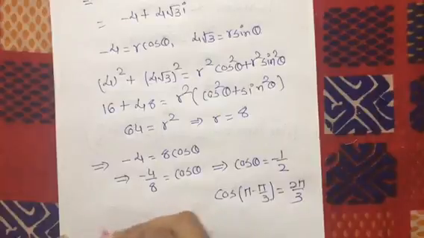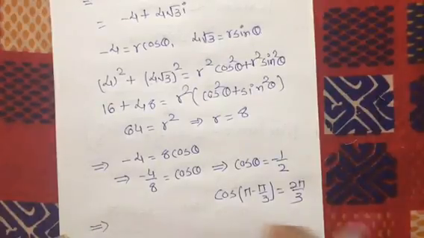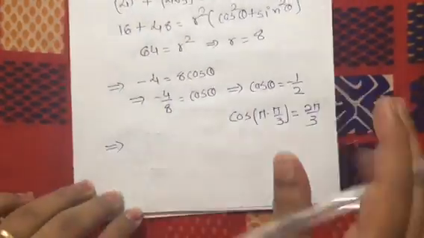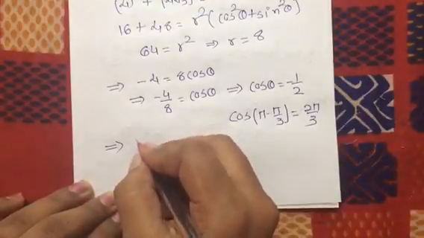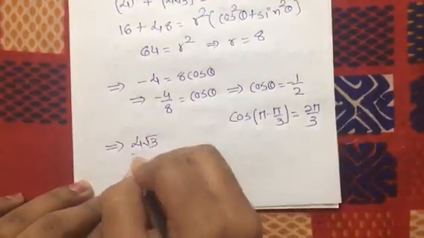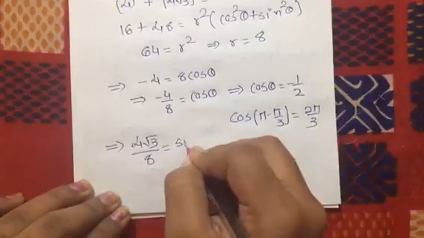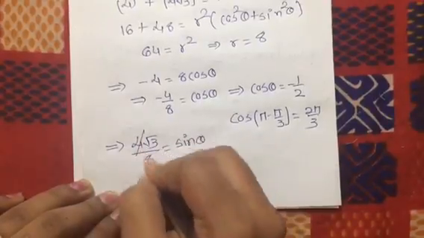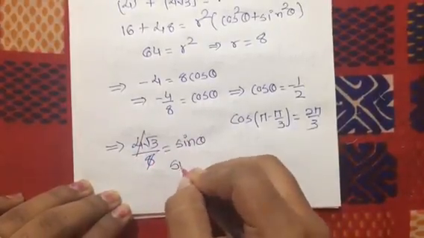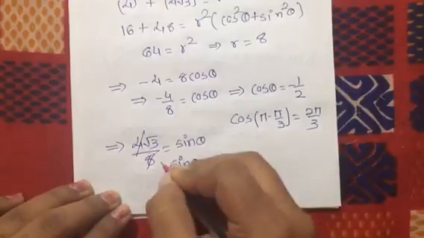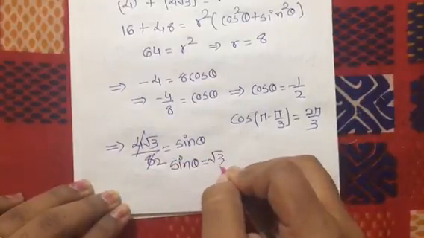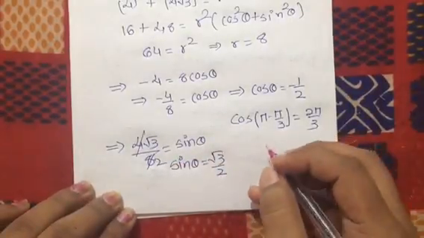ठीक है. And similarly for sin theta we are having 4√3 divided by 8 is equal to sin theta. So this will be √3/2. So sin theta is equal to √3/2. So √3/2 भी 2 pi/3 आएगा.